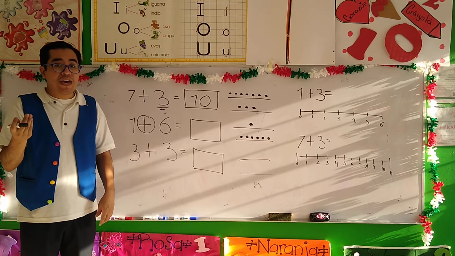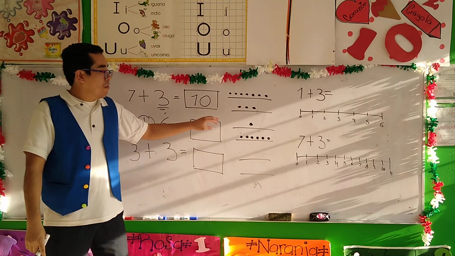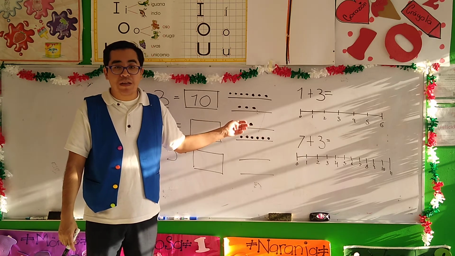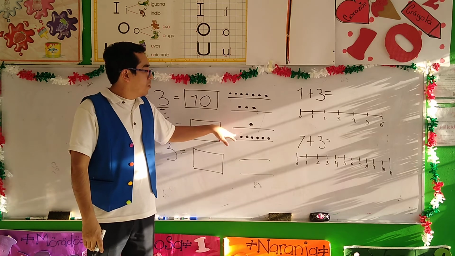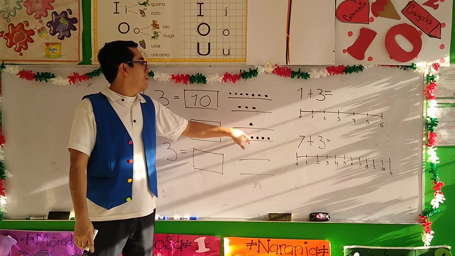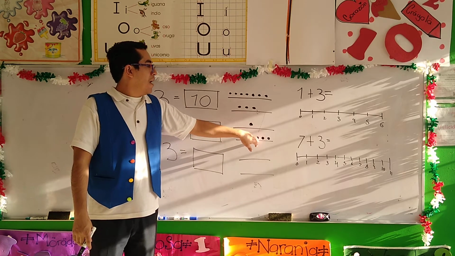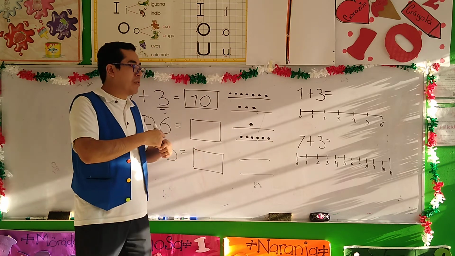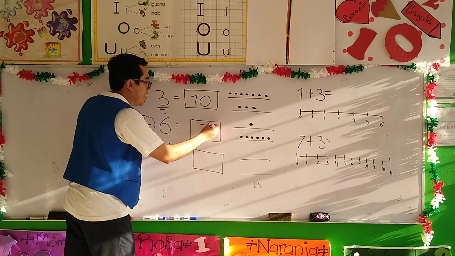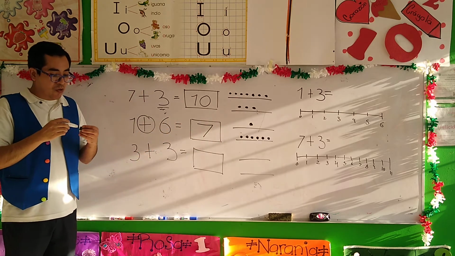Okay? Now, once again, to obtain the result, we have to count all the small little dots. Please count next to me. 1, 2, 3, 4, 5, 6, and 7. The result, number 7. Don't forget to write it in the square.